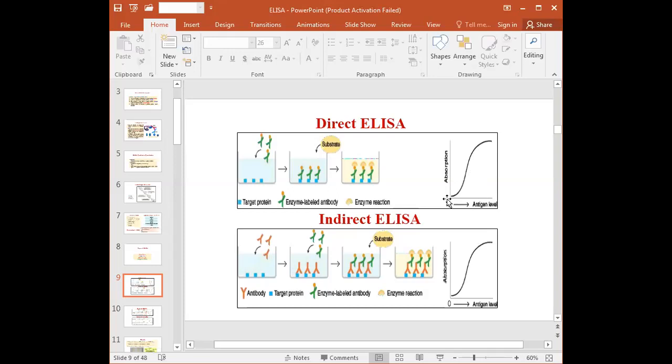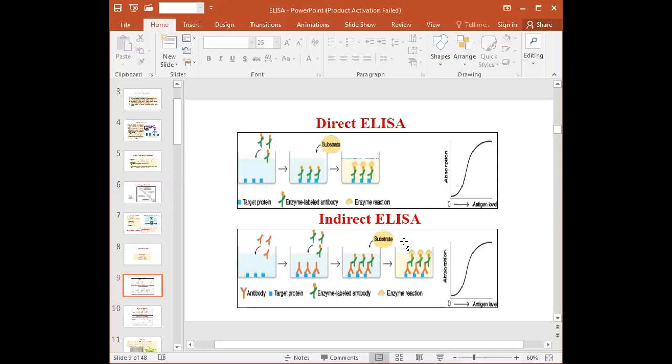Now I am coming to another type of ELISA, that is indirect ELISA. Here we are not adding the antibody tagged with enzyme, but to the antigen coated microtiter plate well, we add the primary antibody that is untagged, and then we add the secondary antibody that is tagged with an enzyme. The secondary antibody has specificity towards the primary antibody, and then we add the substrate and allow it to interact, with 5 minutes of incubation time.